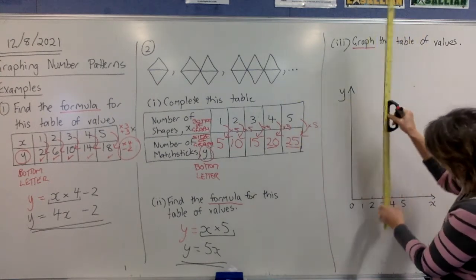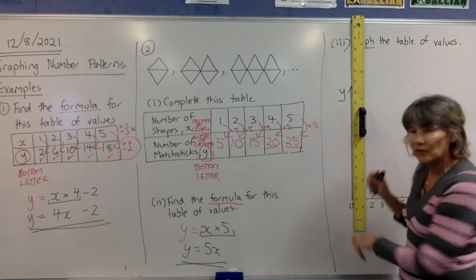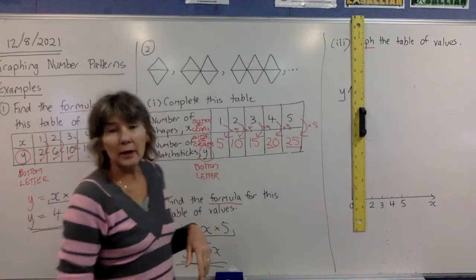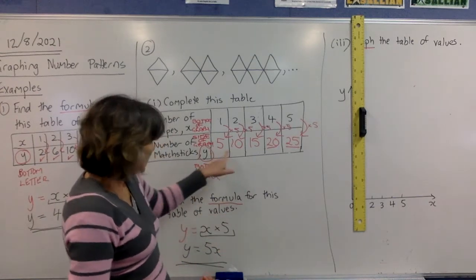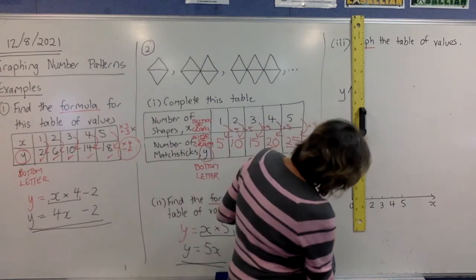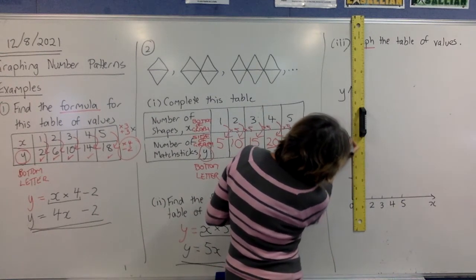Now, when you do this, you can go up in ones if you like, 1, 2, 3, 4, 5, all the way up to 25, or you can go up in whatever you like. Now, because of the numbers we've got, it's probably a good idea to just go up in 5s. So if we go up in 5s, I'm just evenly spacing this.